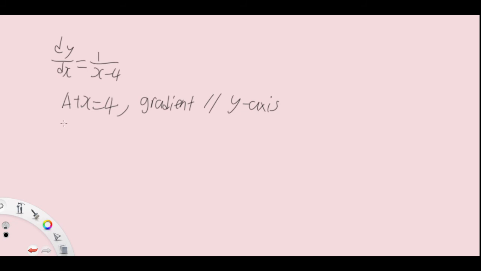And of course, if we talk about a tangent perpendicular to the y-axis, the gradient is equal to 0, because it means that the tangent is actually parallel to the x-axis.